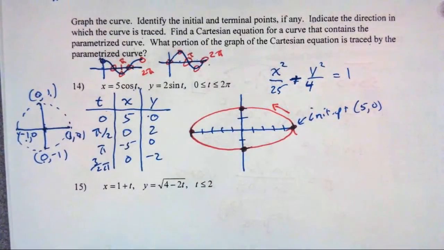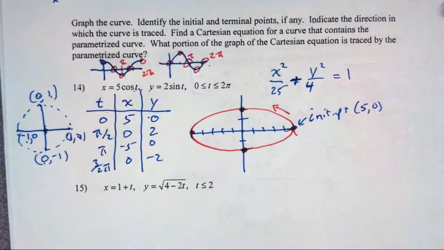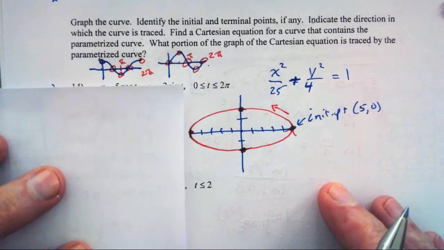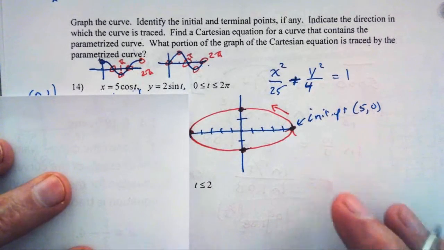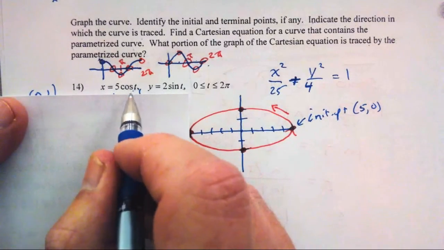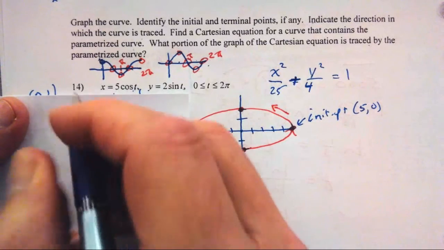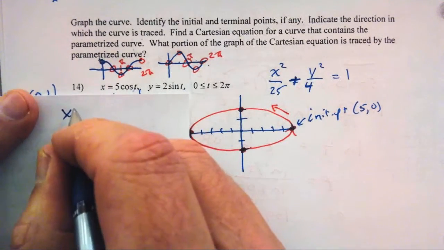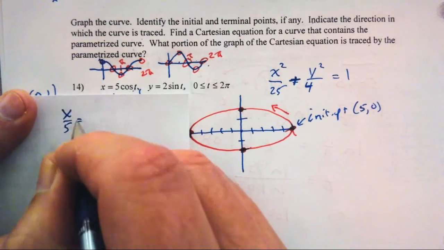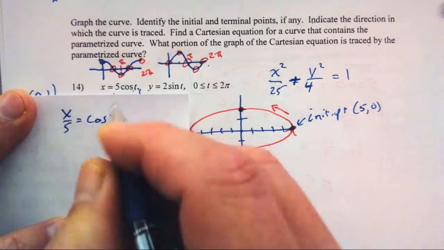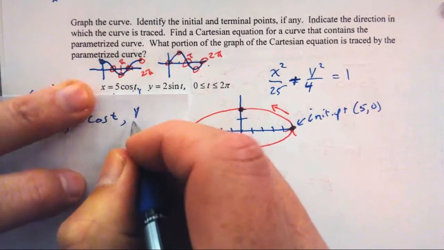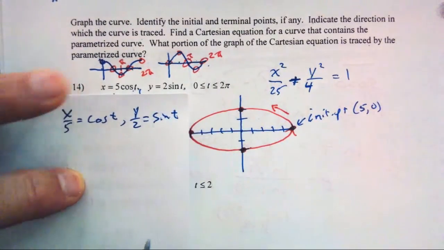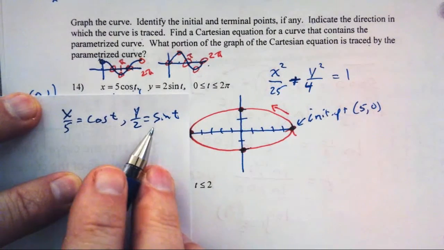So for eliminating the parameter, I'm just going to introduce a little scratch paper here. And I'm going to take x and solve. I want to ultimately eliminate t. I'm going to divide by 5 on both sides and I get x on 5 equals cosine of t. I'm going to divide by 2. Y on 2 equals sine of t. Cosine and sine set up nicely to eliminate t.